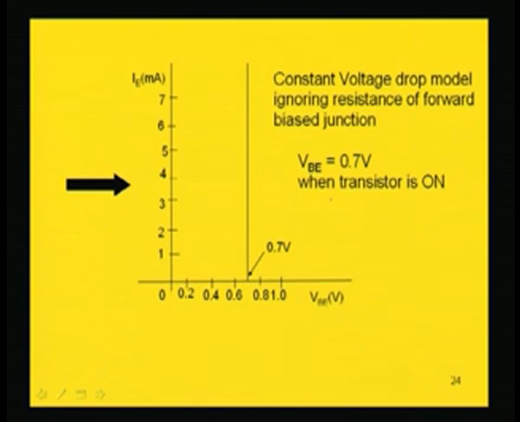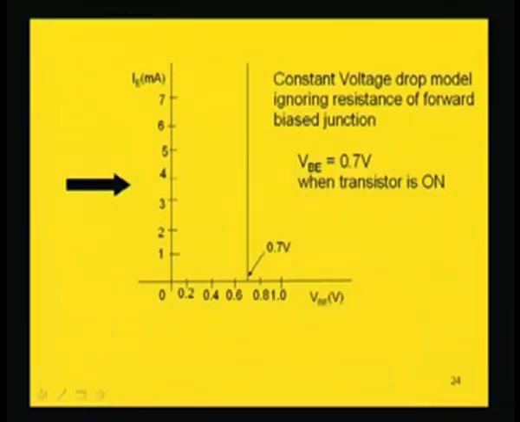So, when the transistor is on, it means it is forward biased sufficiently to overcome the threshold voltage, and once it is on, the transistor will have a forward drop of 0.7 volt. So, for all practical purposes, and in our analysis also mostly, we will be adhering to this type of characteristic, that is, the forward bias region will be approximated by a 0.7 volt constant drop model.